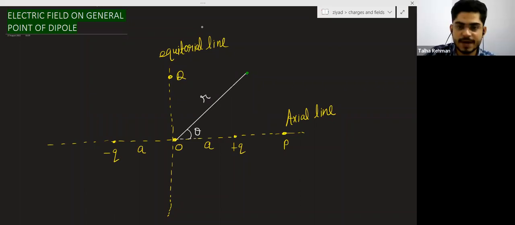You want to calculate the electric field at this point. G is the general point.